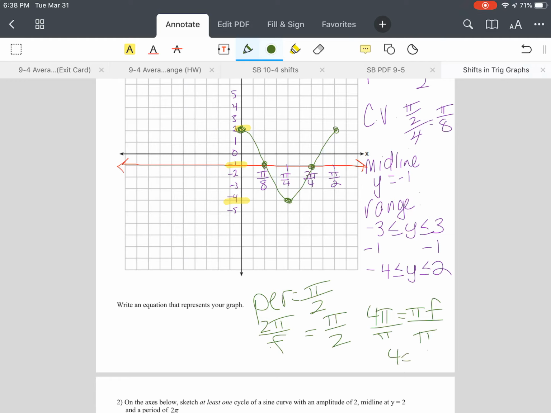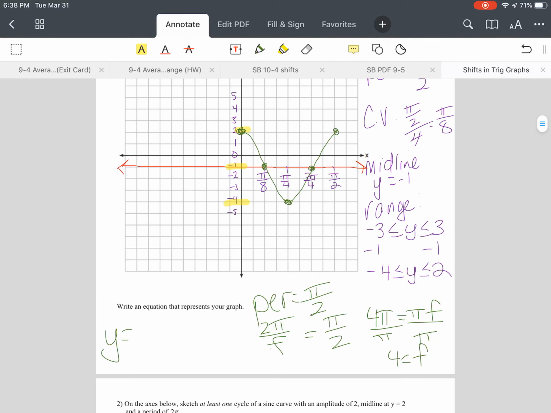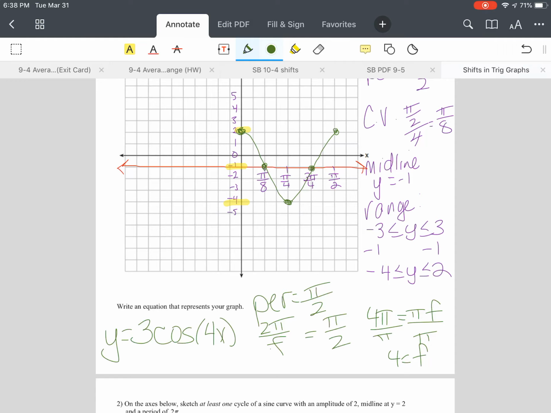So 4 equals the frequency. Okay, so now we have everything we need. y equals, amplitude is 3. We know it's a cosine, 4x. And we can't forget that we moved it down 1, so -1.